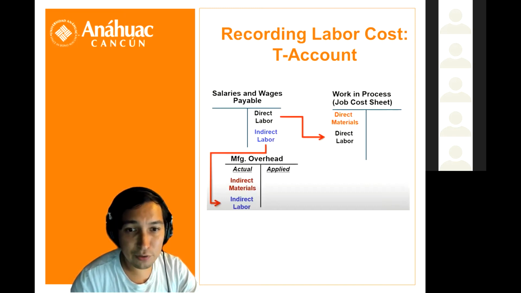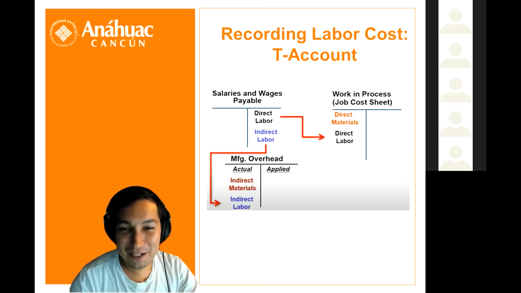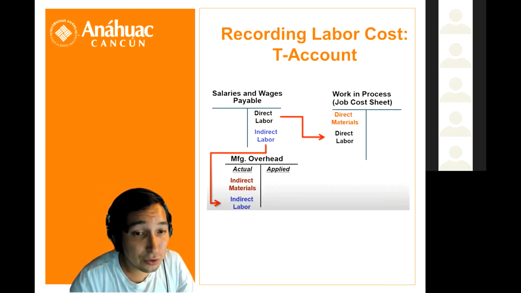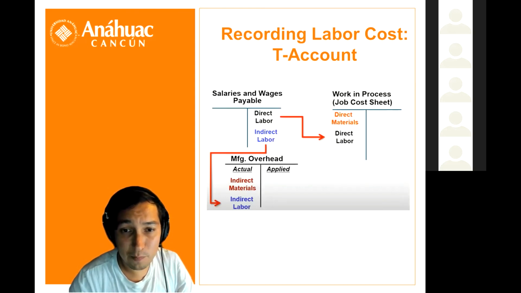So direct labor is going to be a debit into WIP going into each job. So we have a credit into salaries and wages payable, and then our indirect labor is going to create a debit to MO, again, a credit to salaries and wages payable, and we'll make sure we pay those workers when they are due on payday. But for now, it's just set as a liability in salaries and wages payable.